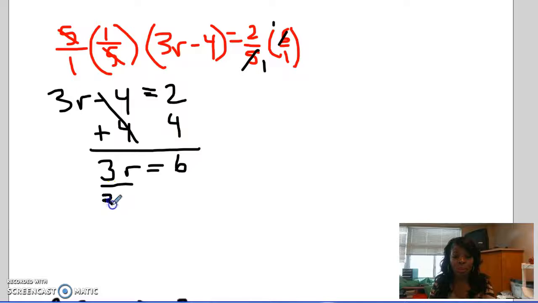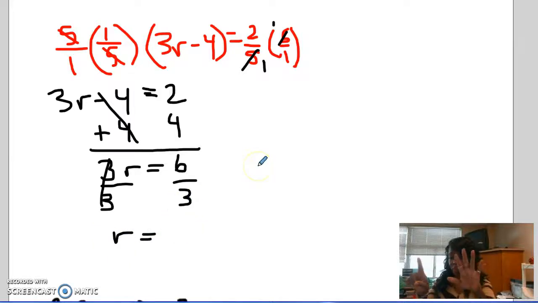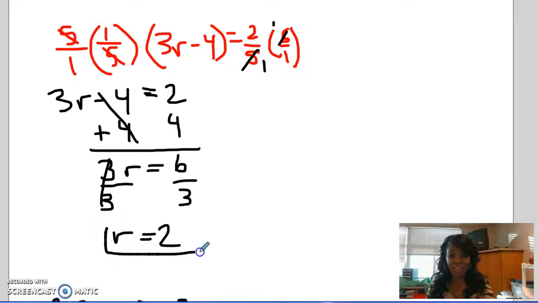So we want to break it into 3 parts. And if we break 3 into 3 parts, we get 1. So we're left with our r. If we break 6 into 3 parts, that's 1, 1, 2, 3, which all of you guys know, so not too elementary. Okay, so anyway, we have r is equal to 2.